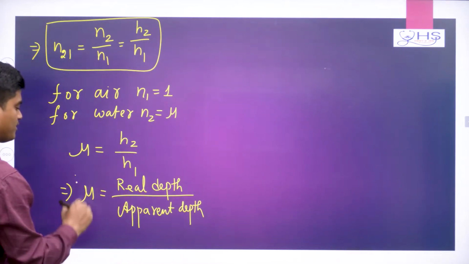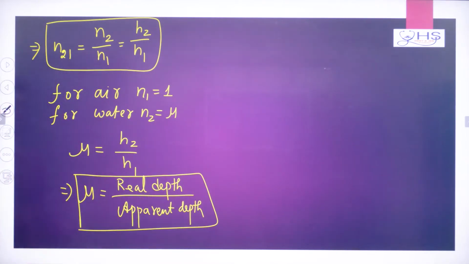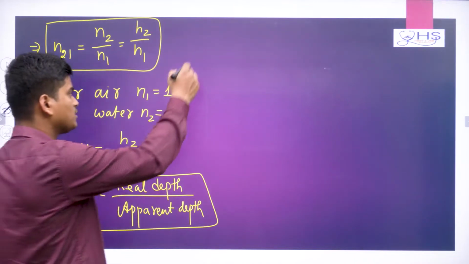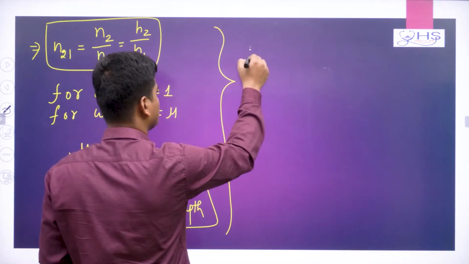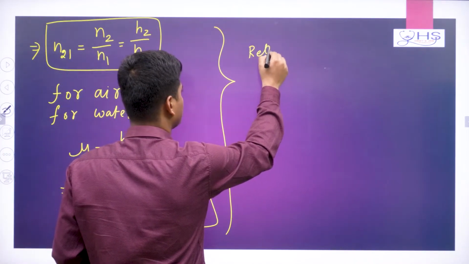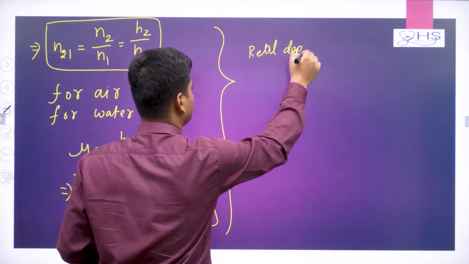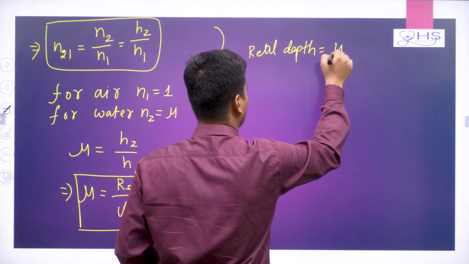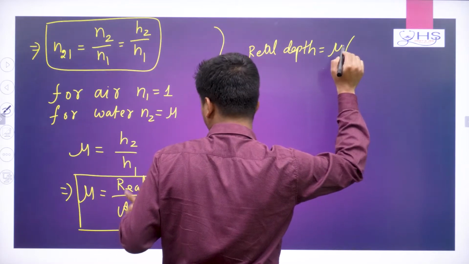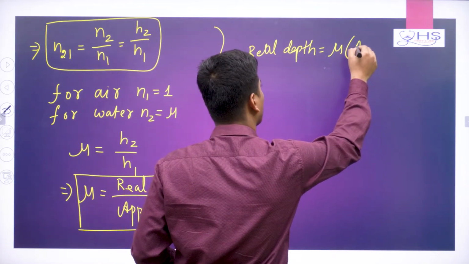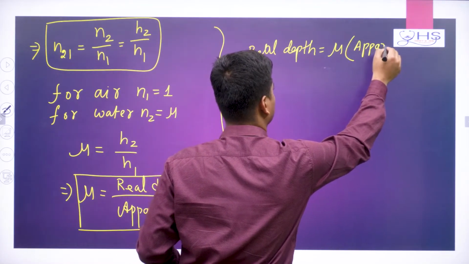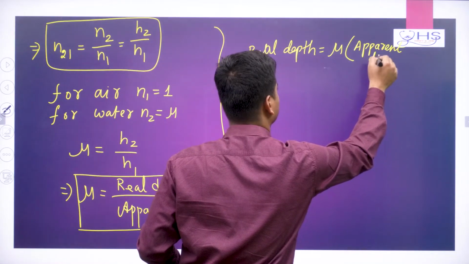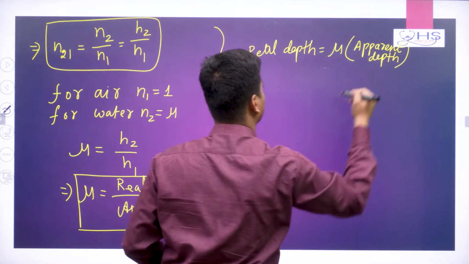If you want to find the real depth, you should know the refractive index of the denser medium and the apparent depth; then you can easily find the real depth.